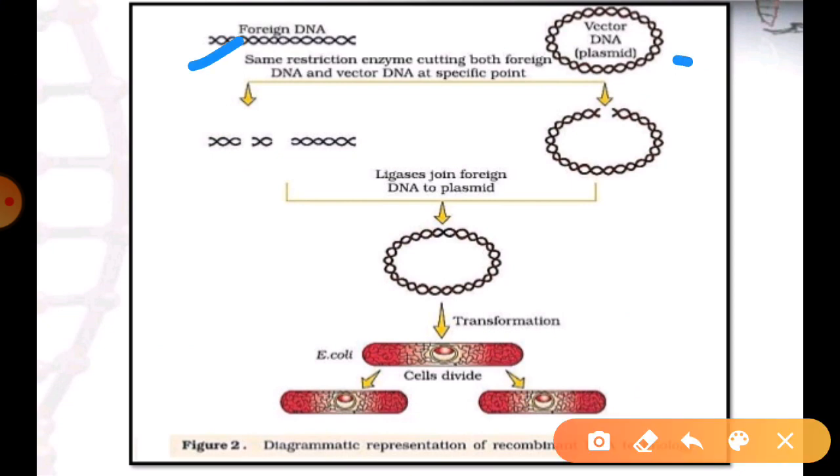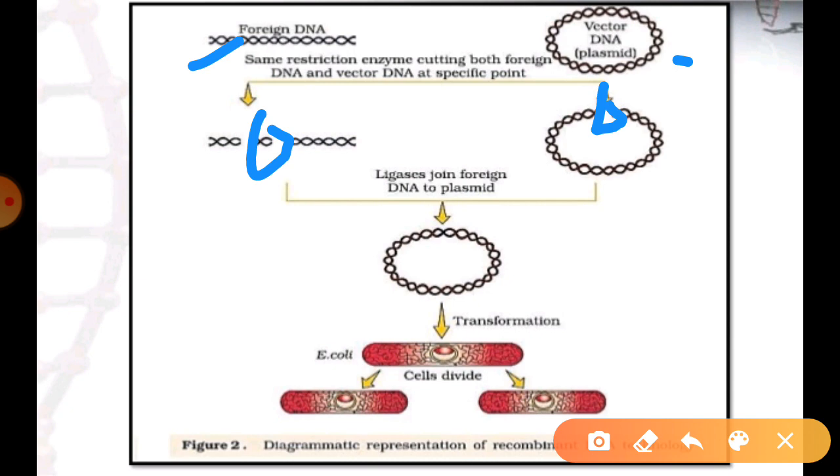Whenever the restriction enzyme is introduced into both of them, the foreign DNA is cut at these parts. They are always cut at a specific sequence, palindromic sequences, and after that we attach the foreign DNA to the vector DNA with their sticky ends with the help of the enzyme known as DNA ligase.